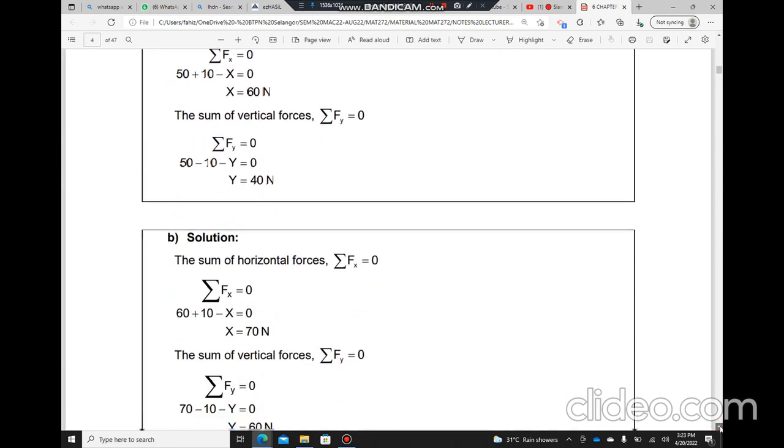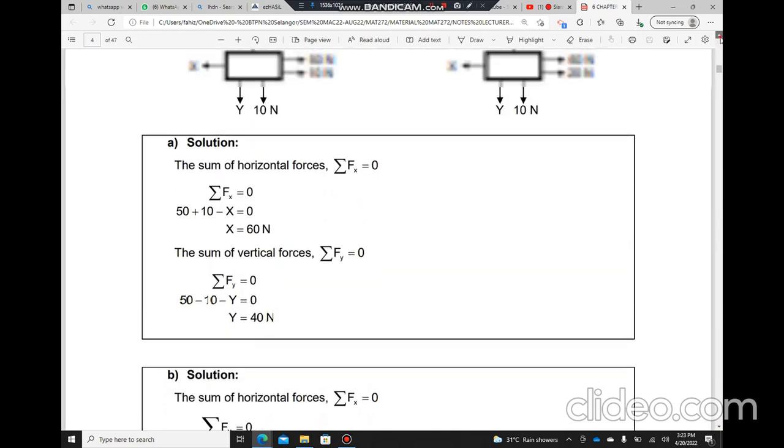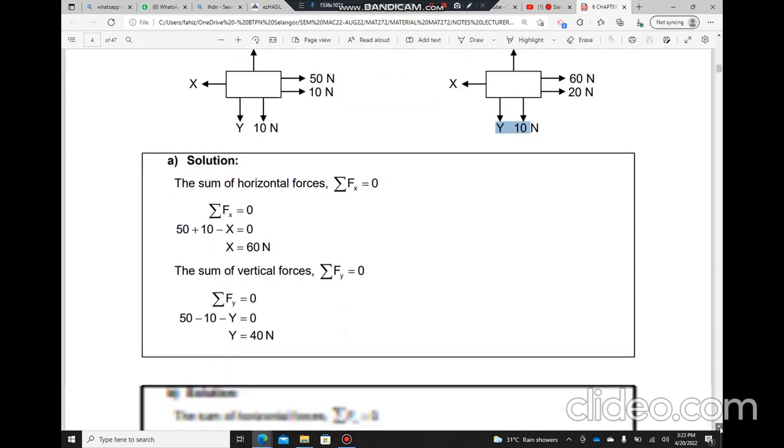Okay, next untuk B. Okay, B pun sama the sum kat sini kalau awak tengok diagram, this one 70, so that's why y is equals to 60. And then x, kalau 60 plus 20, so x must equals to 80.